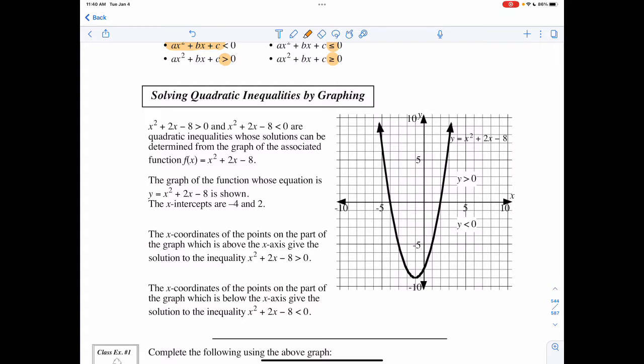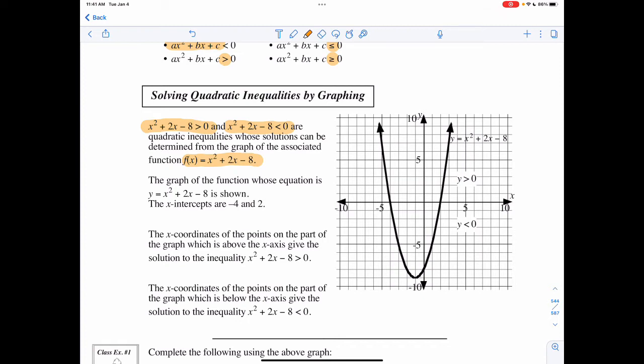So whether I said that x squared plus 2x minus 8 is greater than 0, or x squared plus 2x minus 8 is less than 0, I can determine what range of values for x would work by taking the function for this, f of x is equal to x squared plus 2x minus 8.